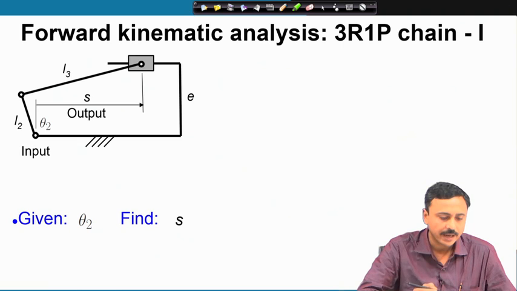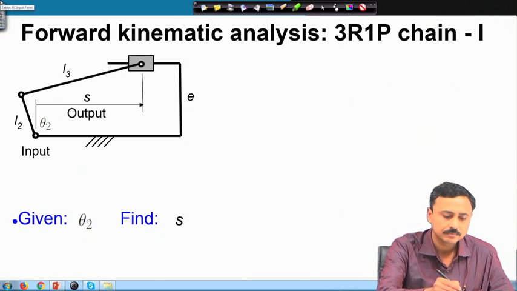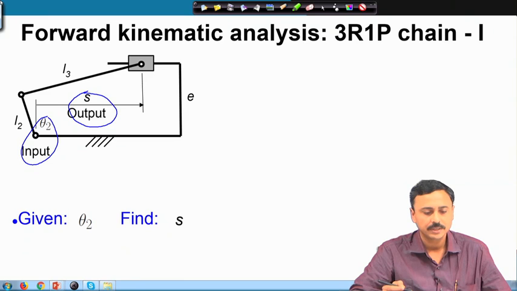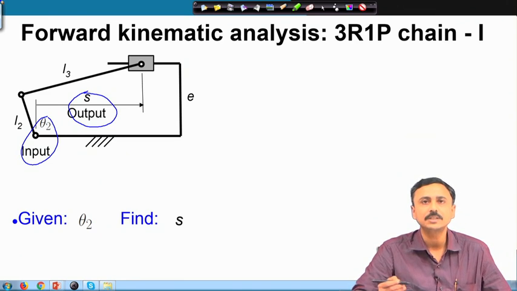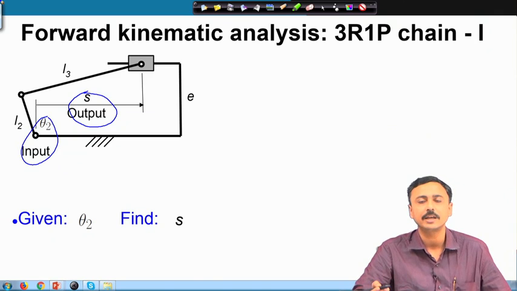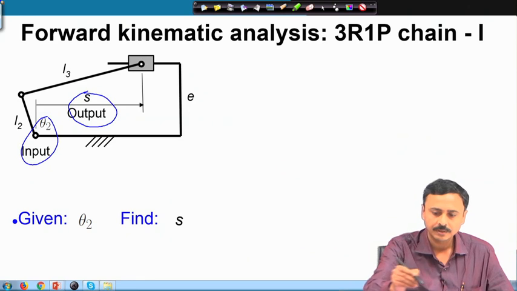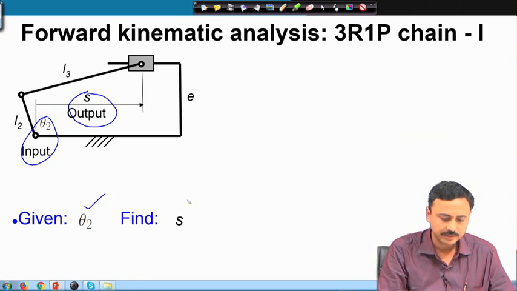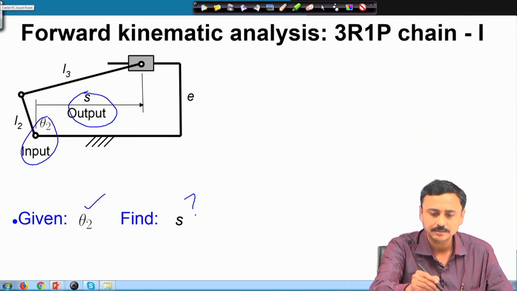Here the input as shown is theta 2 and the output is S. S is the displacement of the slider from a certain coordinate, expressed in a certain coordinate system. So, in this problem we are given theta 2 and we have to find S.